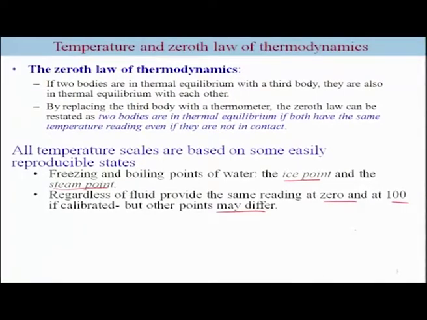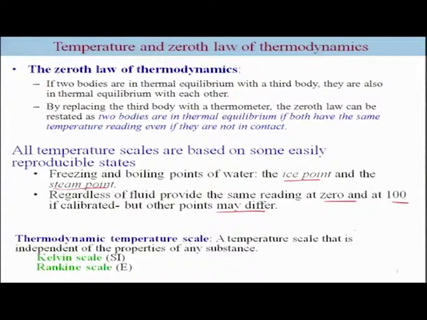The one which is commonly used is based on either the ideal gas thermometer, which is independent of the gases which are considered, and the scale is linear as a function of temperature. In other words, the pressure is linear as a function of temperature. Thus you can change the gas and still achieve the same points, and you can still calibrate it well.